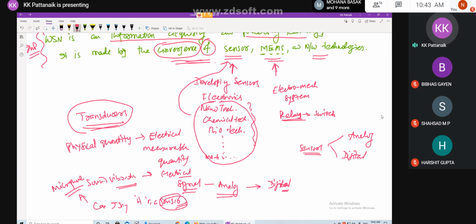Those are electronic switches, not mechanical switches. So a densely populated IC with logic gates can be an example of MEMS.